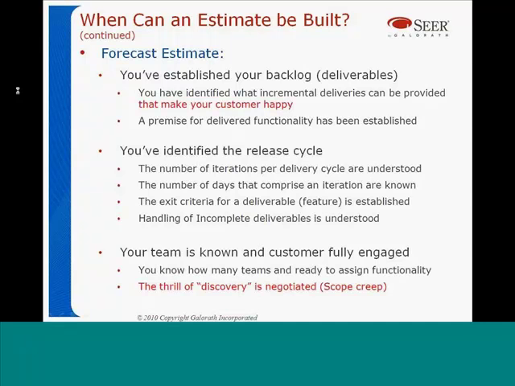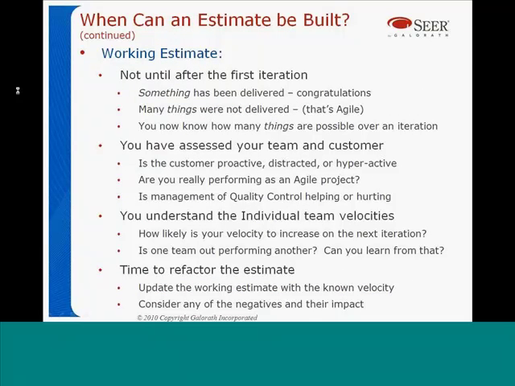And finally, the working estimate is really what's going to be your day-to-day estimate. And you really can't prepare your very first working estimate until after you've done your first iteration. Something has to have already been delivered to the customer, and so you have to have an understanding of what it was that you were able to accomplish during that iteration cycle.